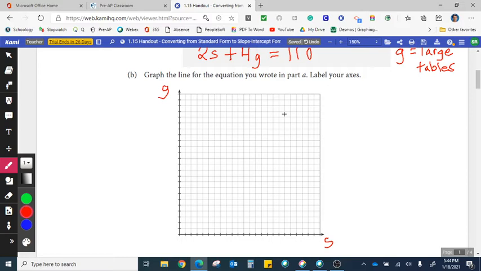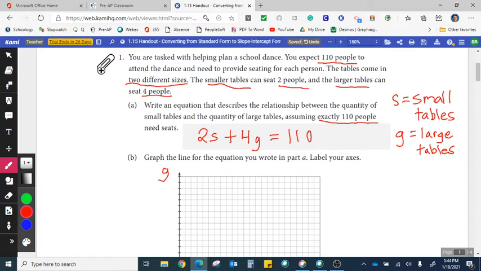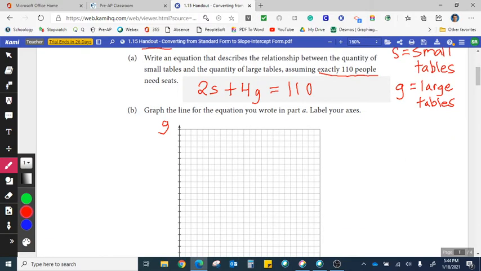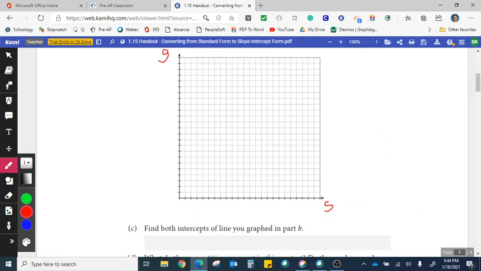Okay, so I have to label the axes, and then what I need to do is come up with some sort of domain and range here. Or how far do I need to go in the G direction, the vertical direction here, and how far would I need to go in the S direction.